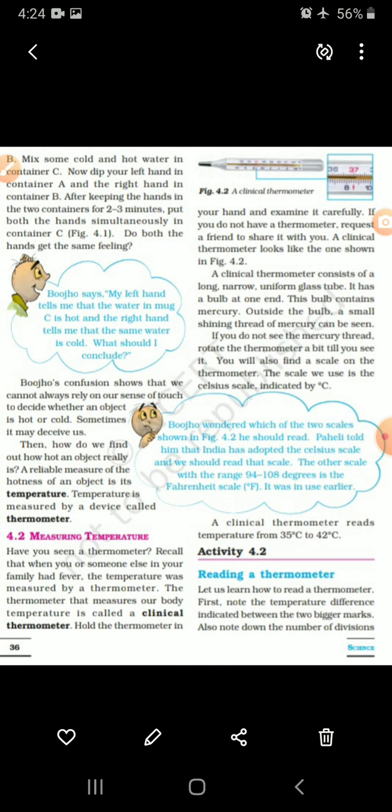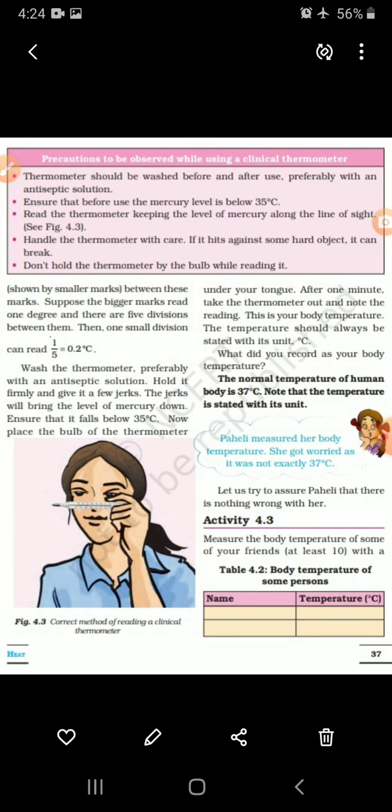Also note down the number of divisions between the marks. Suppose the bigger marks read 1 degree and there are 5 divisions between them. Then one small division can be read as 1 by 5, which is equal to 0.2 degree centigrade.